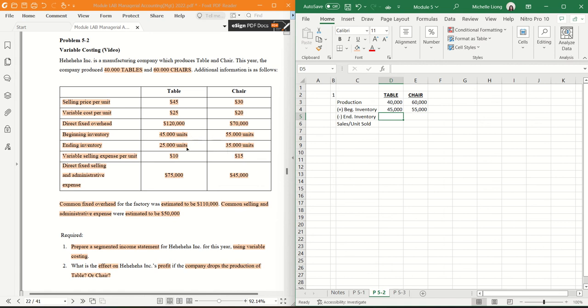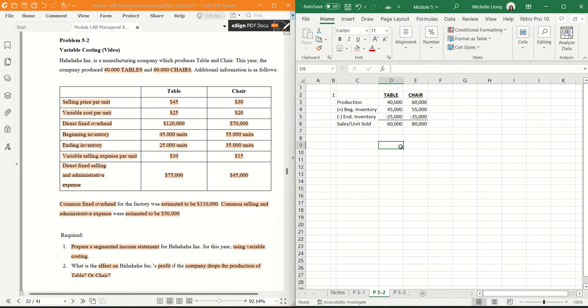For the ending inventory, it's 25,000 and it's 35,000 for chair. In order to find that, we just need to calculate by adding all of them. And we get 60,000 and also 80,000 for the units sold.